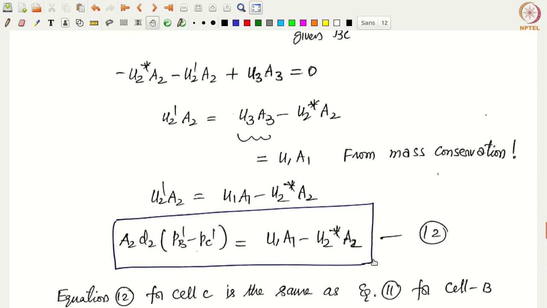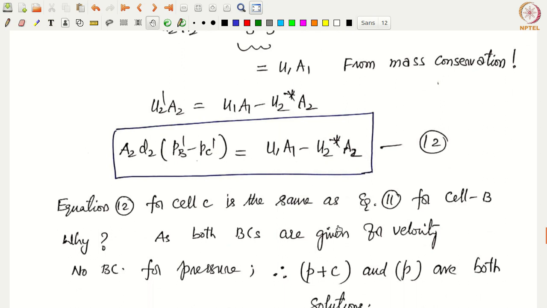Now, why is that? Why are both equations the same? That means that we don't have any additional equation. That means that the two cells together are basically giving you only one equation. That is because both the boundary conditions that are given are for velocity, right?